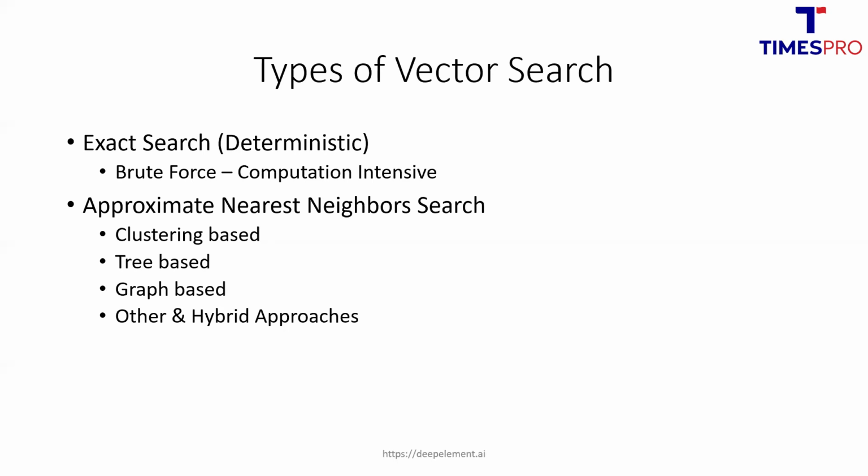There are many graph based algorithms. So I have broadly classified the approximate nearest neighbor algorithms into clustering based, tree based, graph based, and some are hashing based. And there are some algorithms which are hybrids. They combine multiple approaches in order to improve the efficiency.